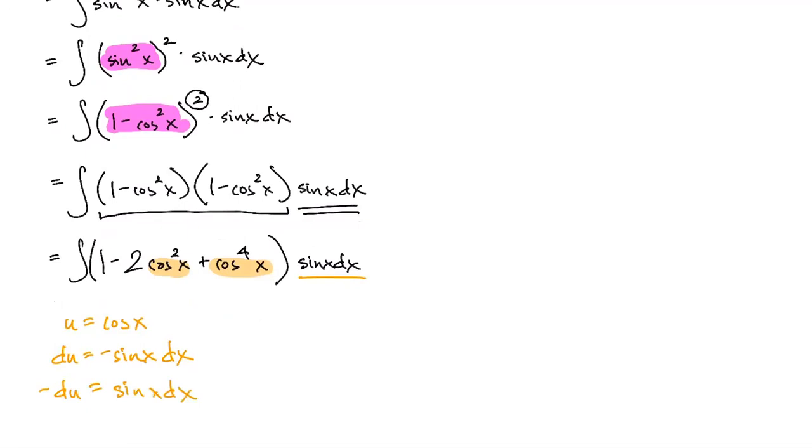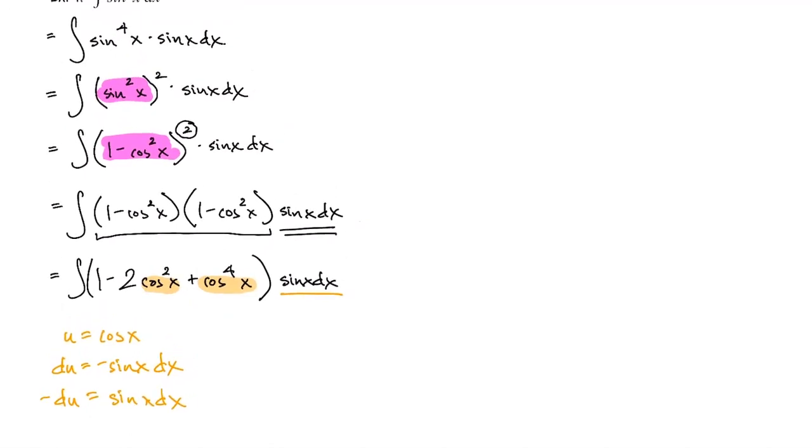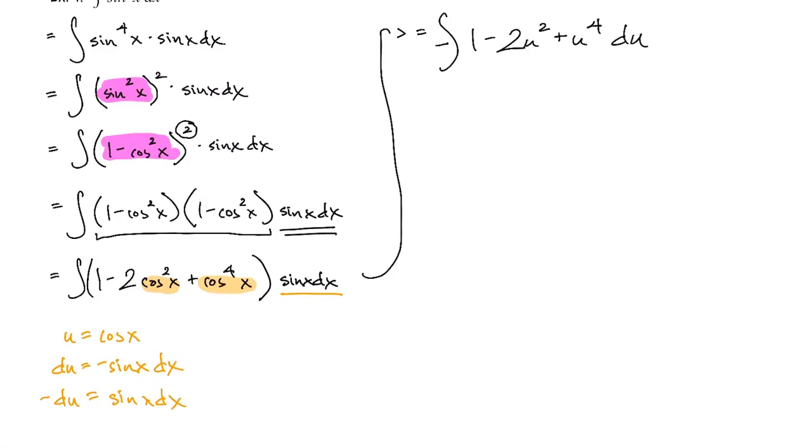And now we're going to substitute everything in, okay? So if I substitute in, I'll get the integral of 1 minus 2u squared plus u to the 4th times a negative du, okay?